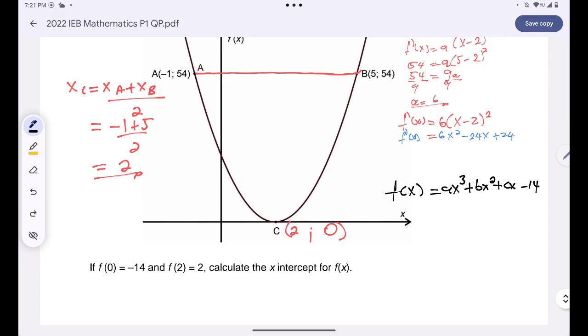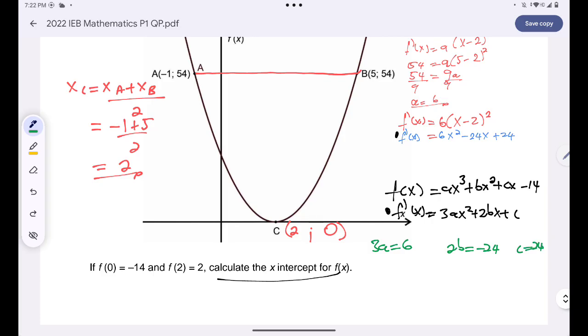For me to find the x-intercept, I must know the equation. But if I find the derivative, my derivative will be equal to 3ax squared plus 2bx plus c, right? I have a derivative here and I have a derivative there, which simply means that 3a is equal to 6, 2b is equal to negative 24, and c is just equal to 24.